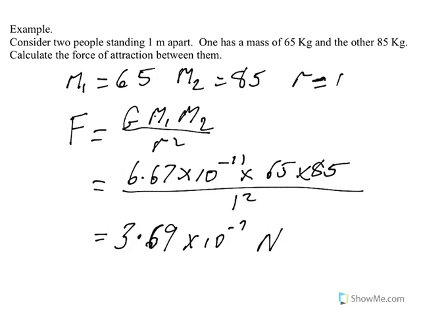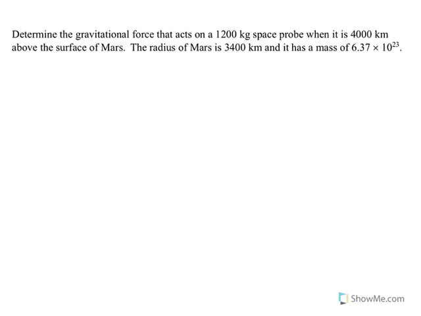Now, however, you need to keep something in mind when you're doing these questions, and here's another example which illustrates that. Determine the gravitational force that acts on a 1,200 kilogram space probe when it is 4,000 kilometres above the surface of Mars.